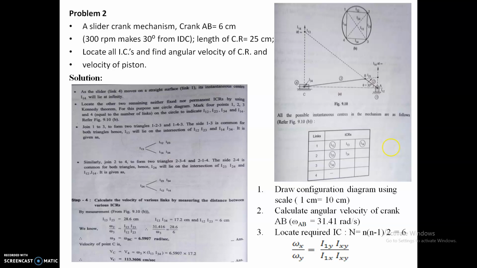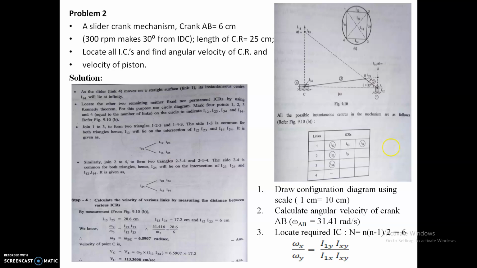Let us consider the right side half triangle: I12 and I23 are formed, and IC14 and IC34 are formed by the half triangle on the left side. So if you draw the lines through those ICs, you will get IC13.